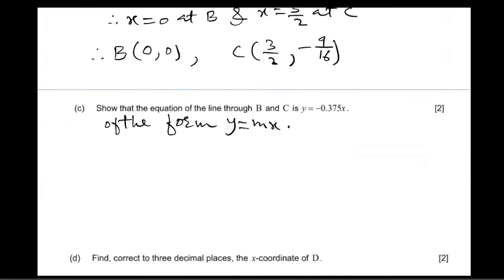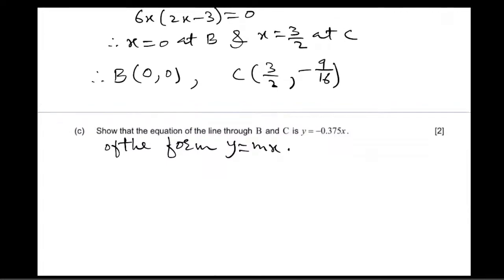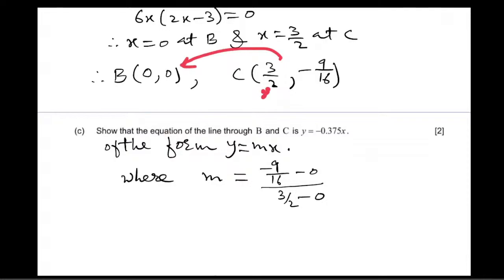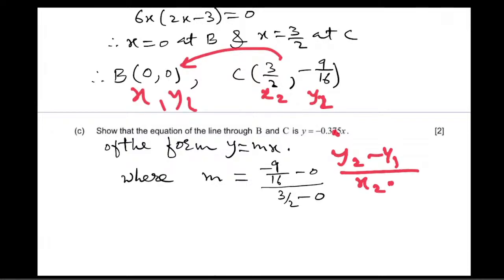So these were the 2 points. Now using those 2 points, I can find the gradient of this line. So m is equal to minus 9 by 16 minus 0, y2 minus y1 over x2 minus x1. So I am using these 2 points. This is x2 y2, this is x1 y1, right? So y2 minus y1 over x2 minus x1. This is the formula for the gradient.